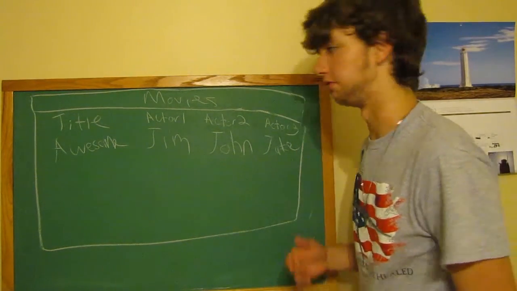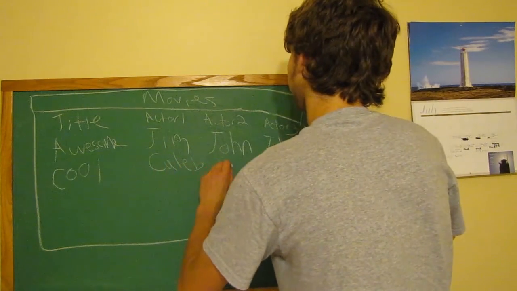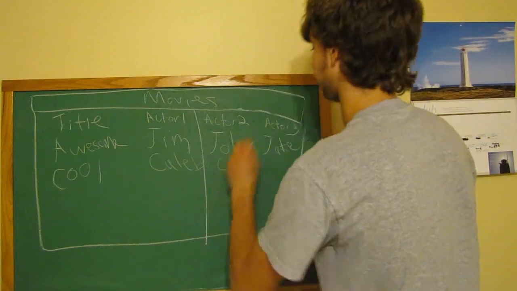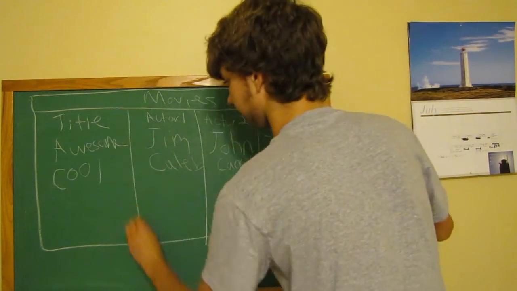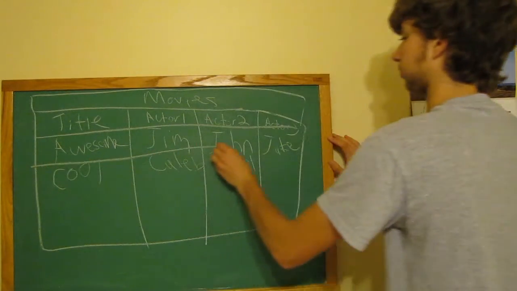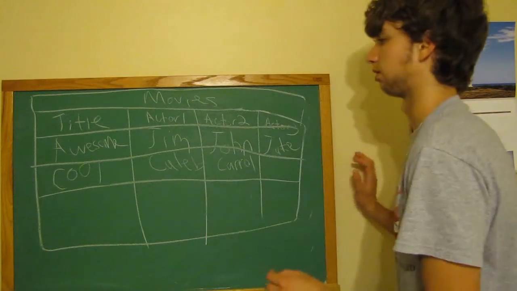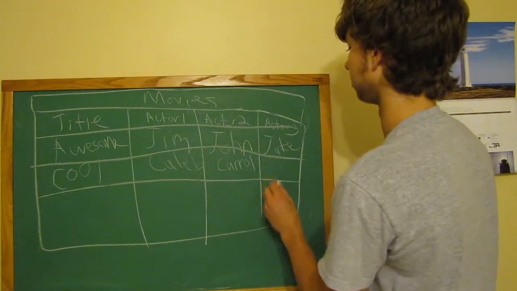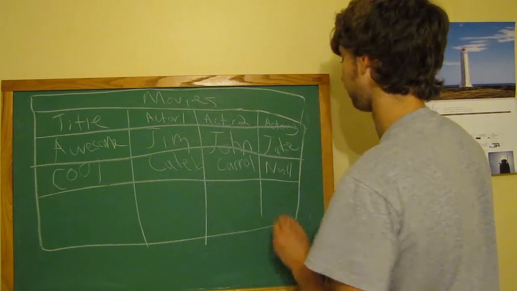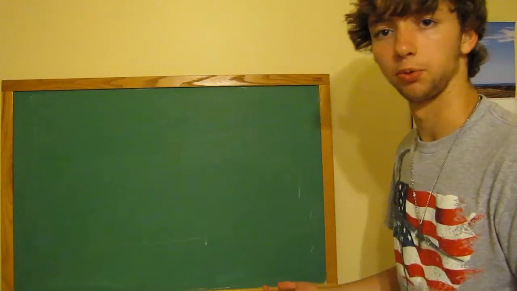Now we have another movie named Cool. Caleb and Carl. So let's divide this up some so it's easier to see. Whoops, I mean cross that out. Oh man, horrible. Alright, so you can see each one of these is filled, but this one, it's empty. So this will be replaced with a null box.